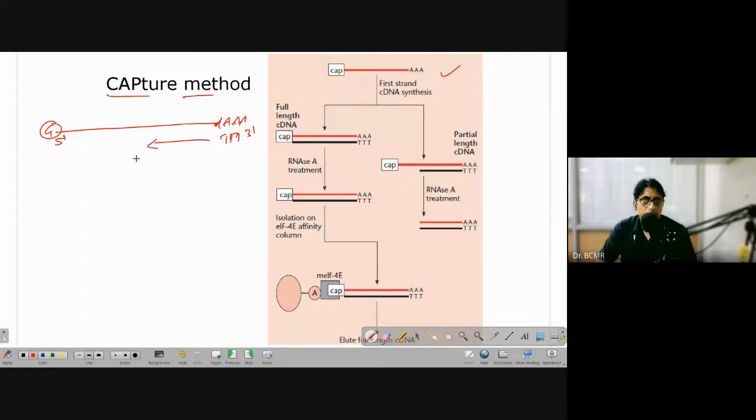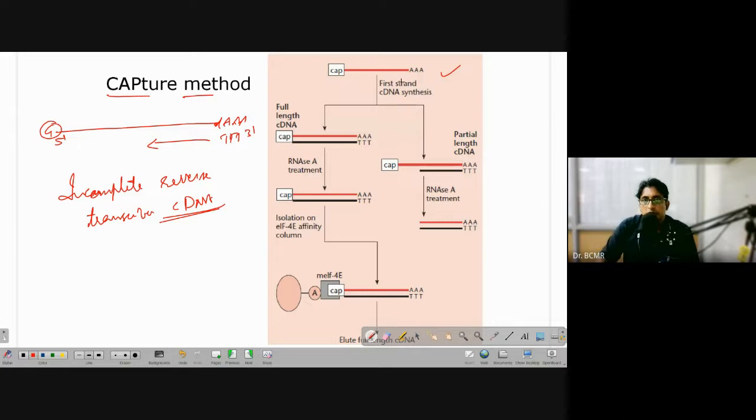We want to get rid of incompletely reverse transcribed first cDNA strands. We want to avoid those things.